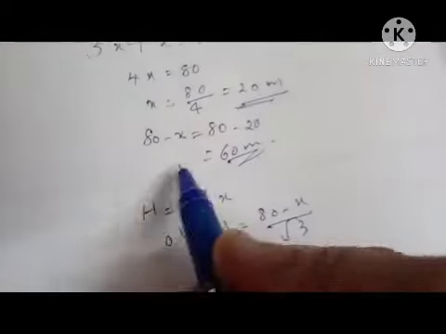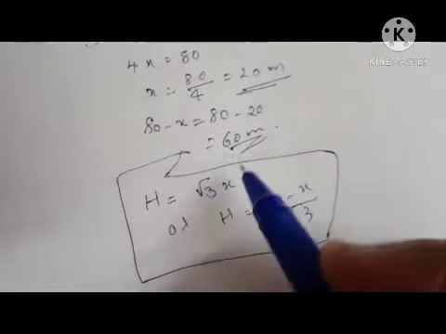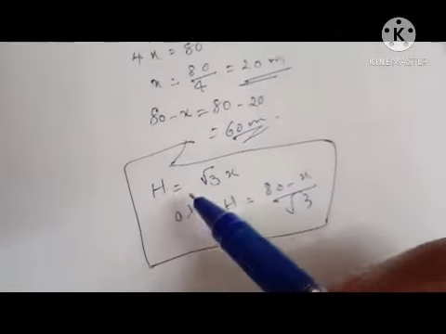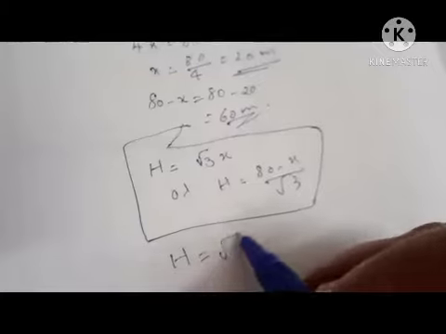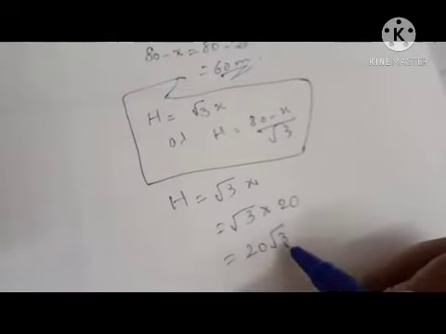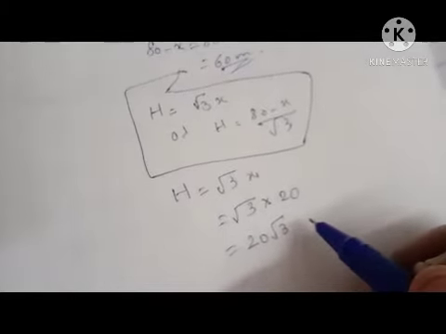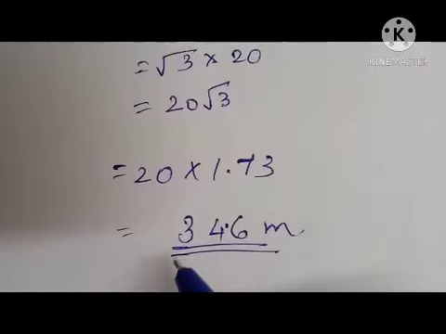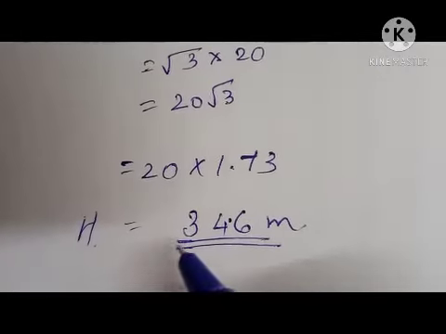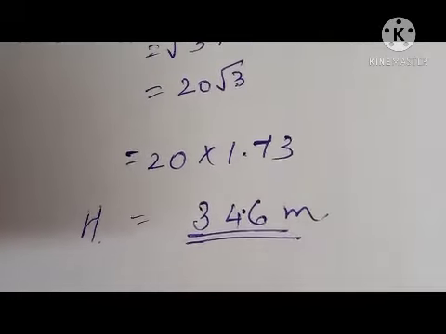We can substitute the value of x in either equation. Substituting in root 3 x, root 3 into 20 is 20 root 3 meters. Substituting the value of root 3, 20 root 3 equals 34.6 meters. So the height of the palm trees is h equals 34.6 meters.